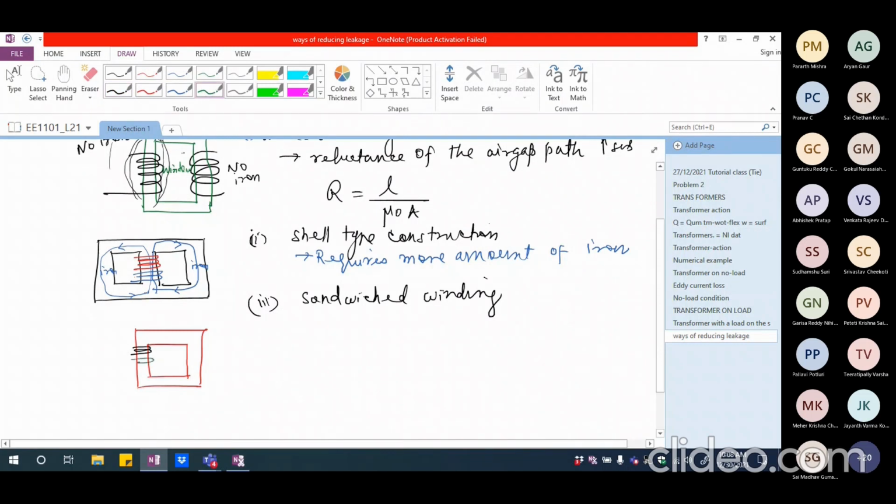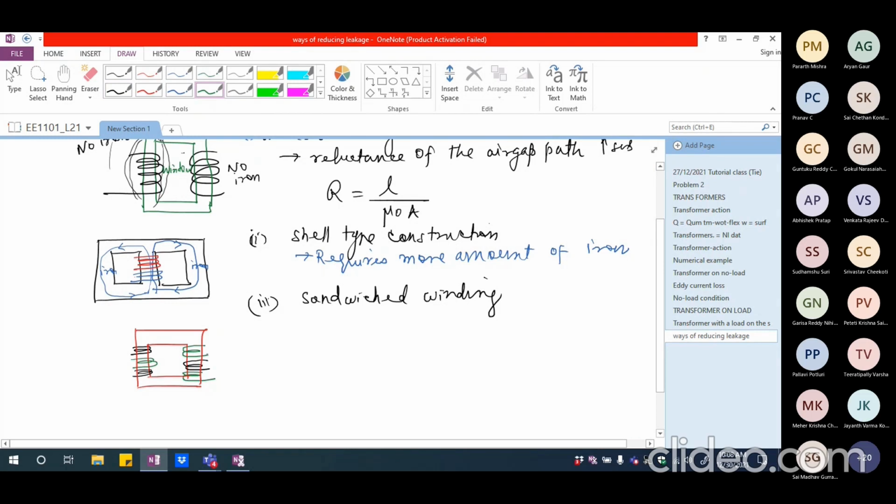Then I'm going to have the secondary. Then I may have again the primary, and I may have some secondary. So I may have again primary and secondary wound on either side, right? Sandwiched between each other. That's why it is called sandwiched winding.